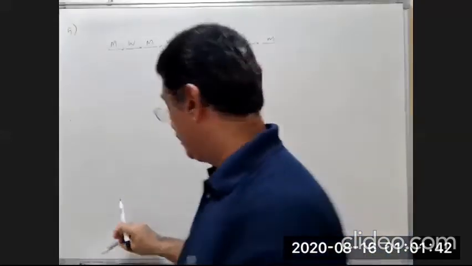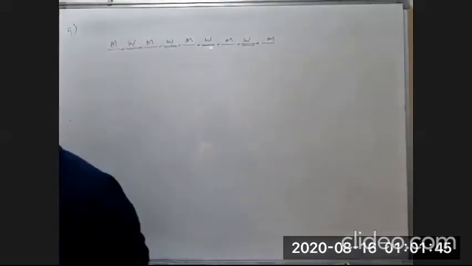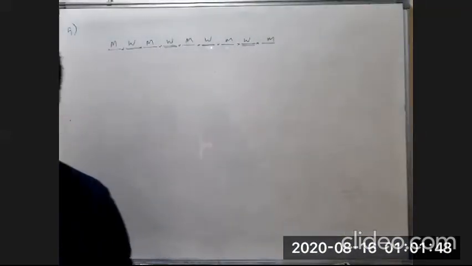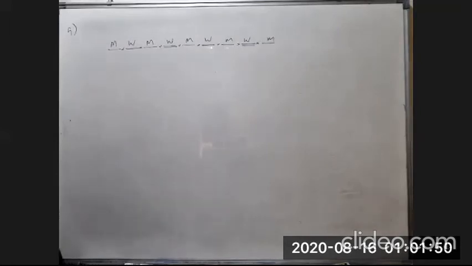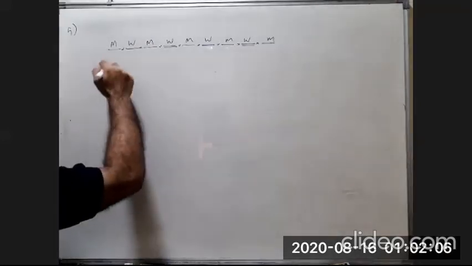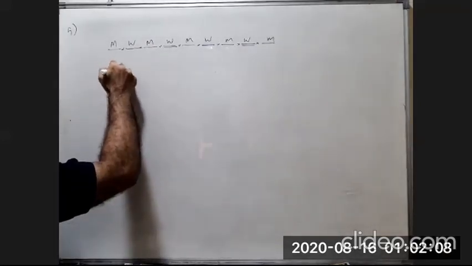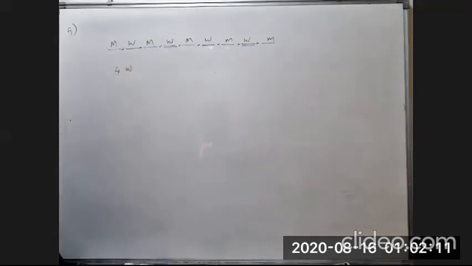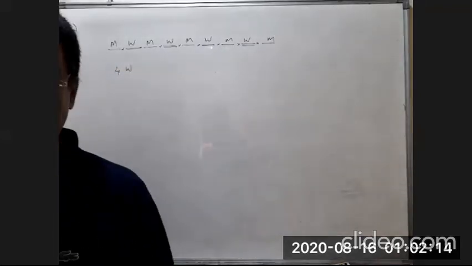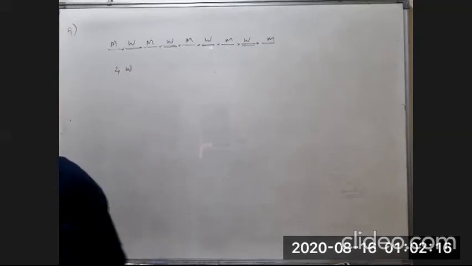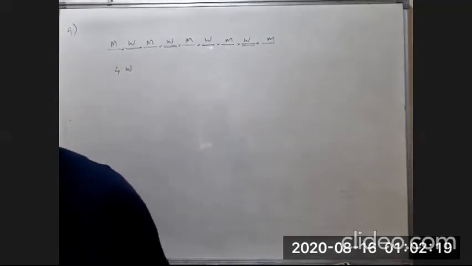So let's draw this one and write: four women can occupy 4 even places.